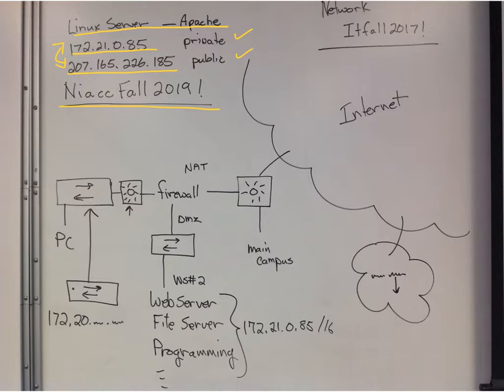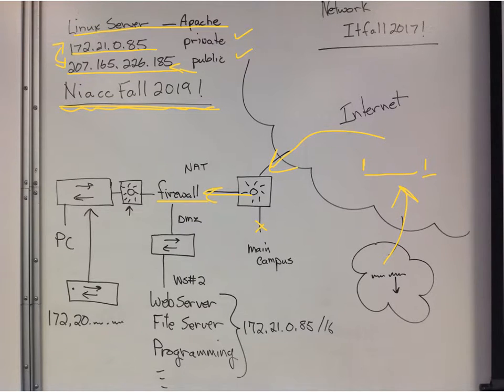So if you're at home and you were going to connect in, the password would be the same. And if you remember, it's your last name with a cap and your first initial with a cap. And you would use the public address, and then that would get it to here. And then NIAC knows that that public address goes this way, not this way.